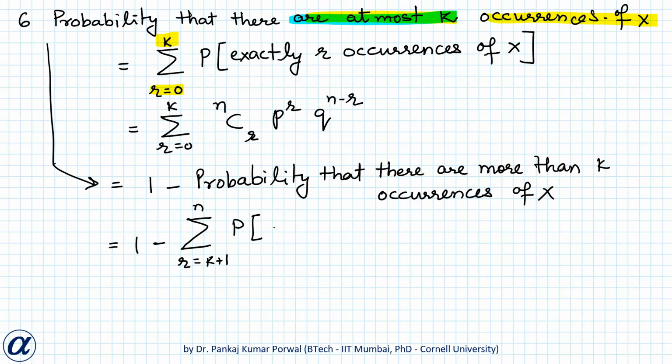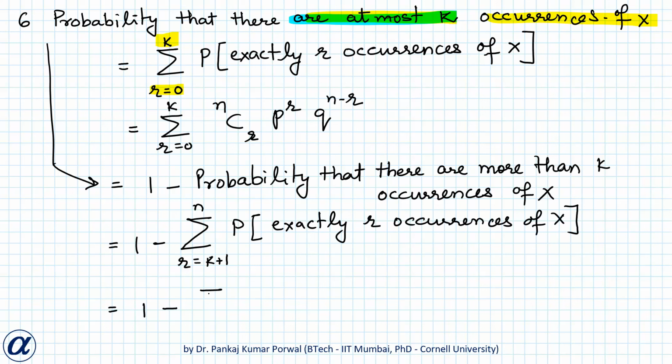So this I can write as 1 minus sigma r from k plus 1 up to n of nCr p to the power r q to the power n minus r.